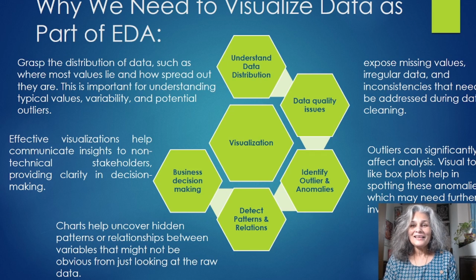The second thing is to identify missing data and quality issues. Another important thing which visualization can do is it can give you a sense of outliers in your data. Now, outliers can significantly affect the way your analysis and your algorithms work.